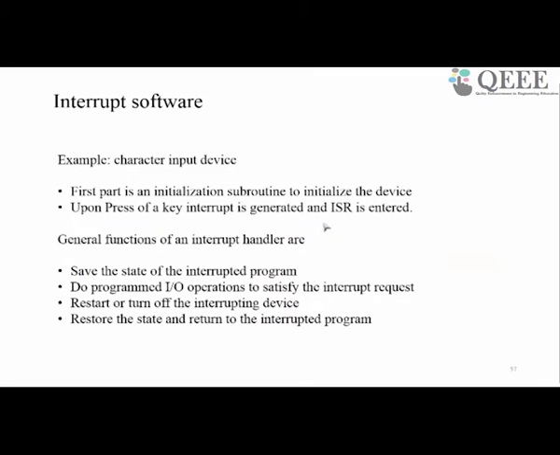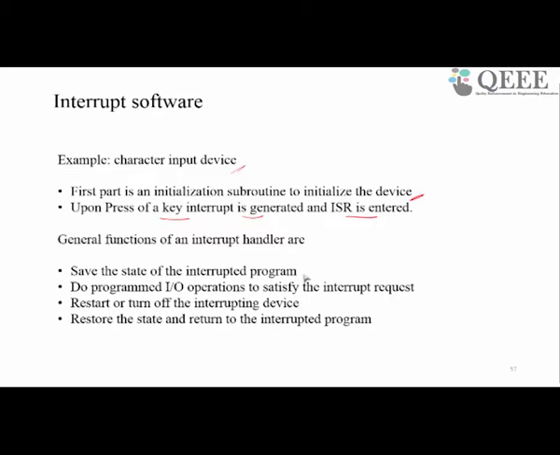Then the interrupt software can be as follows. Suppose you have a character input device which reads character by character. First, the interrupt software or ISR does some initialization. The subroutine initializes the devices. Whenever a key is pressed, an interrupt is generated, and it enters an ISR.